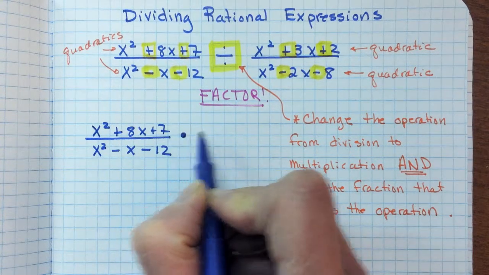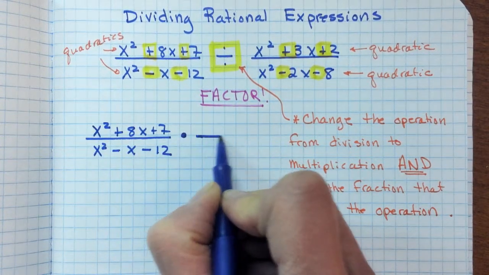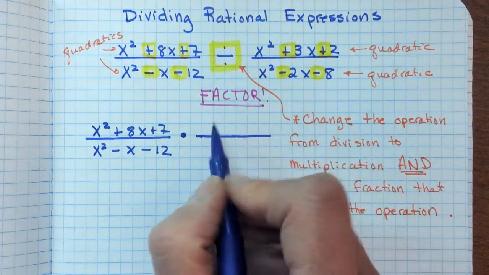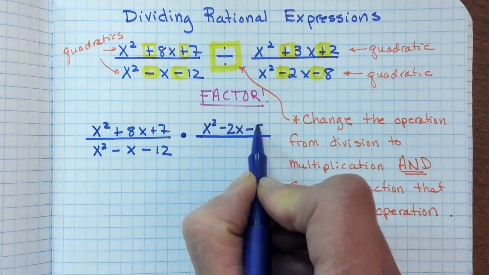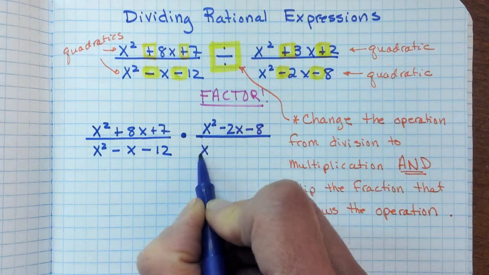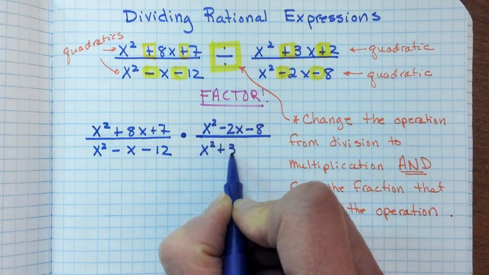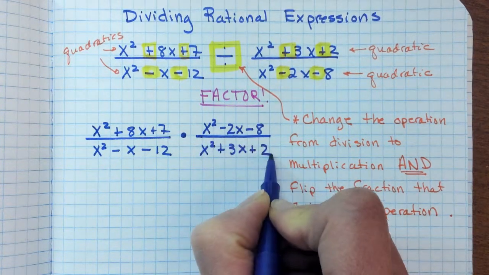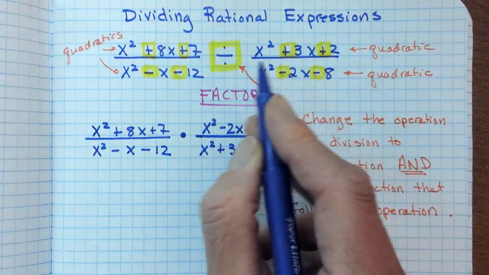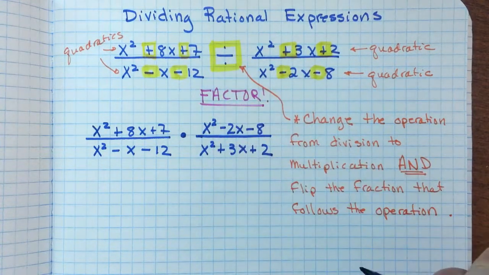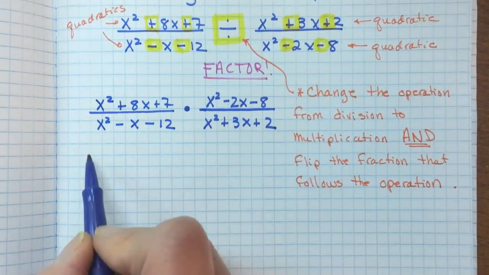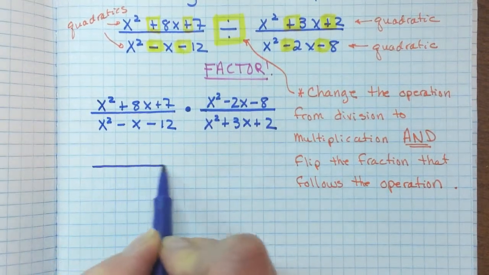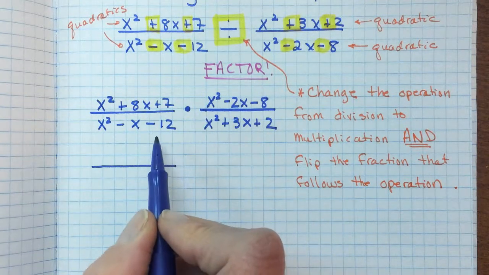I'm now going to multiply. I'm going to take what was in the denominator and put it in the numerator, and what was in the numerator, I'm going to put in the denominator. So I flipped the fraction that follows the division. Now that I have it set up as multiplication, I'm going to factor each numerator and denominator.